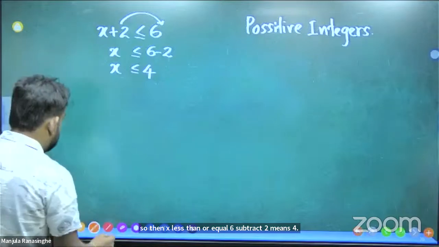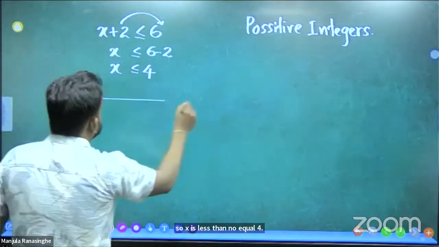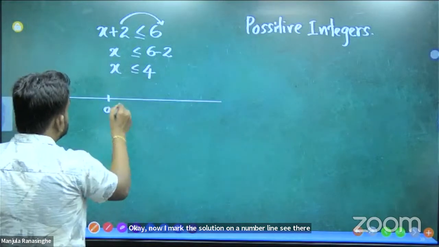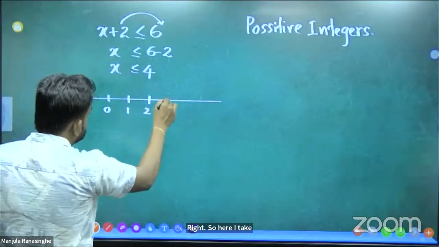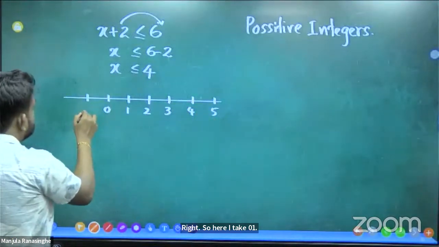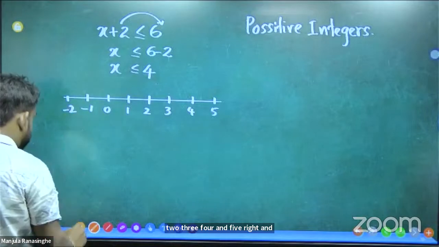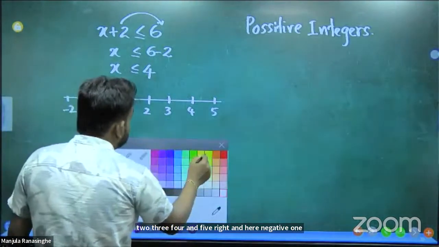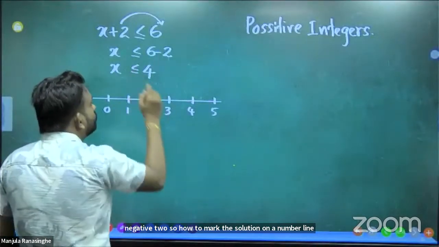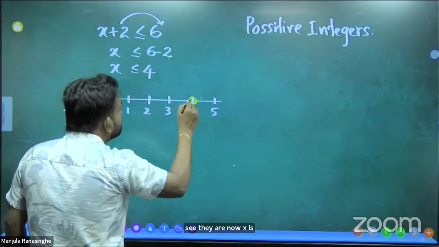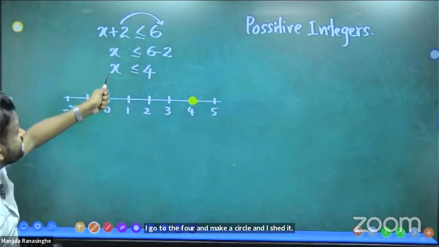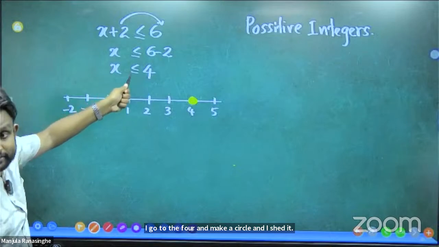Okay, now I mark the solution on a number line. See there, right? So here I take 0, 1, 2, 3, 4, and 5, and here negative 1, negative 2. So how to mark the solution on a number line? Now x is less than or equal to 4. I go to the 4 and make a circle and I shade it. Then x is less than or equal.